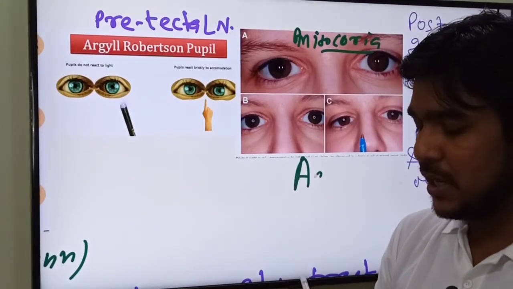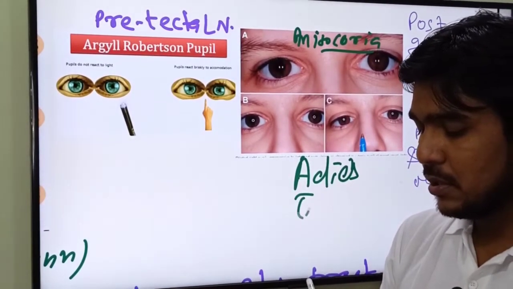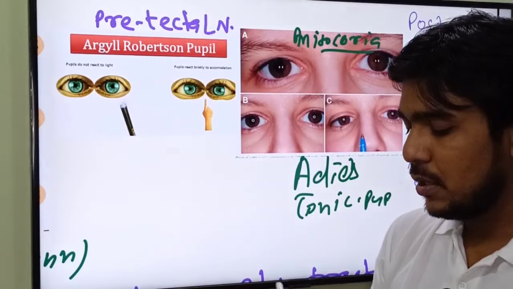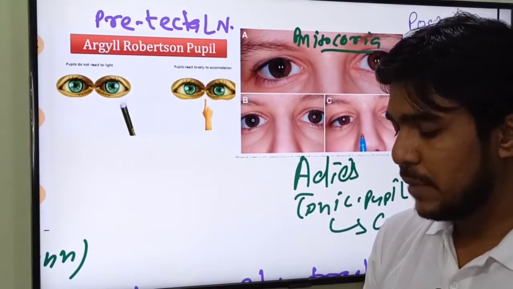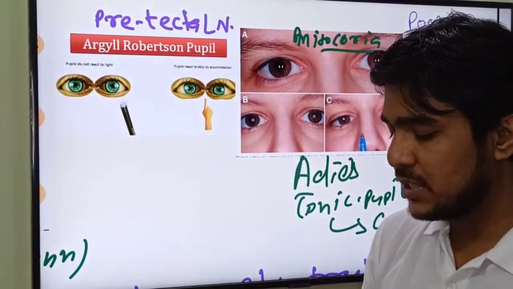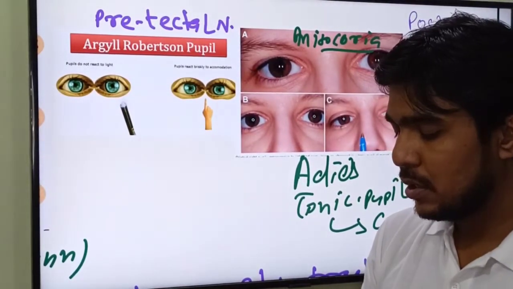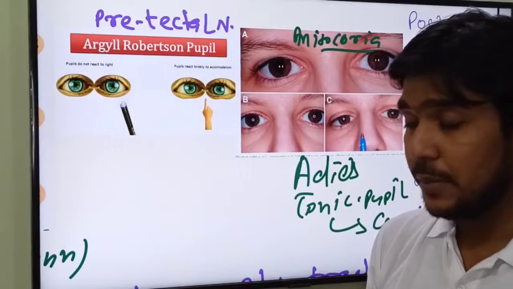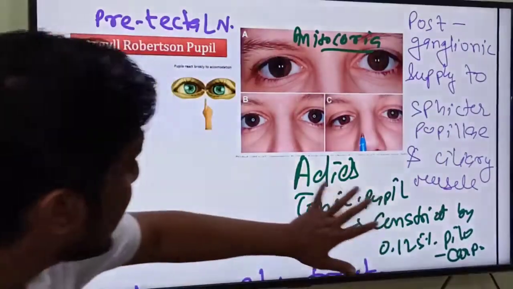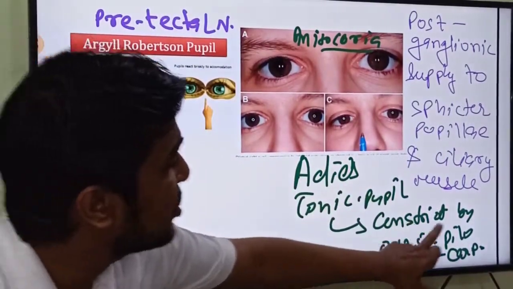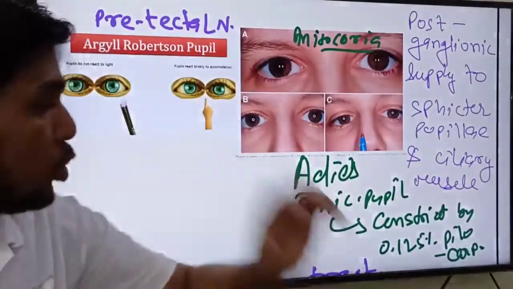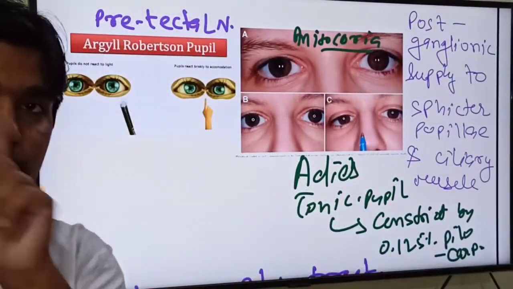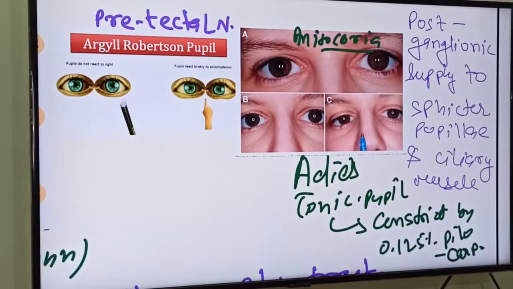This is nothing but Adie's tonic pupil. And what does it constrict with? It constricts with 0.125% pilocarpine, meaning a low dose of pilocarpine. This can be asked in examination. And why is this so?